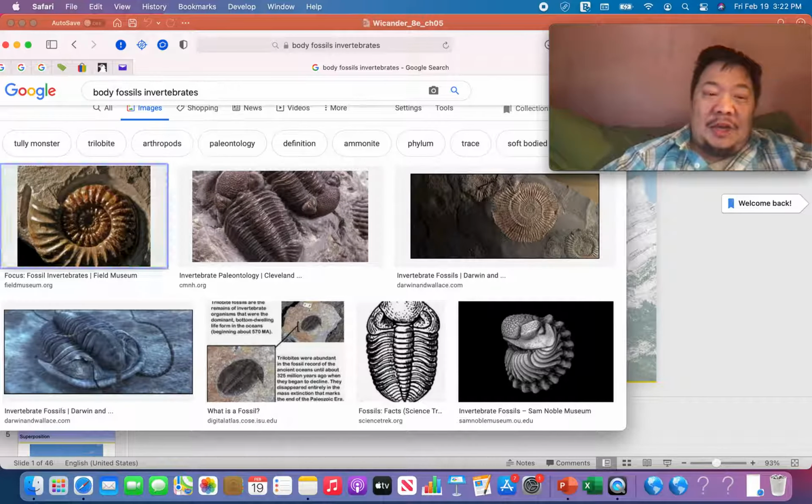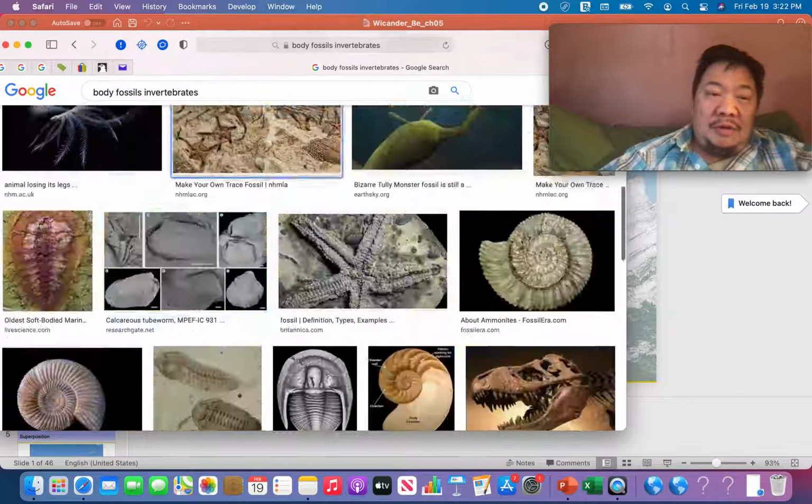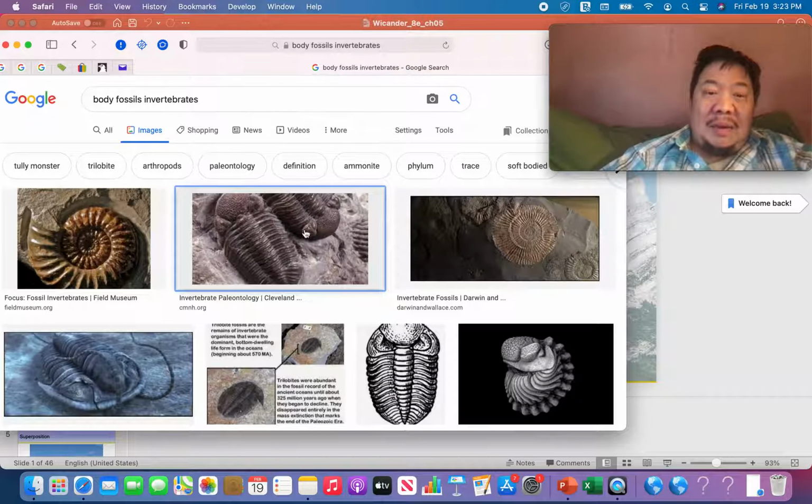Invertebrates, we find shells. And here's some common ones here. This is called a trilobite. You can see the eyes on top of the head. This creature here is a cephalopod.